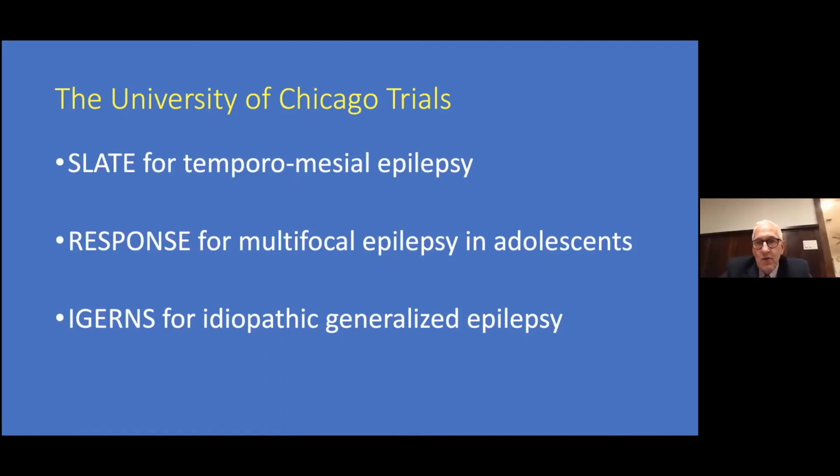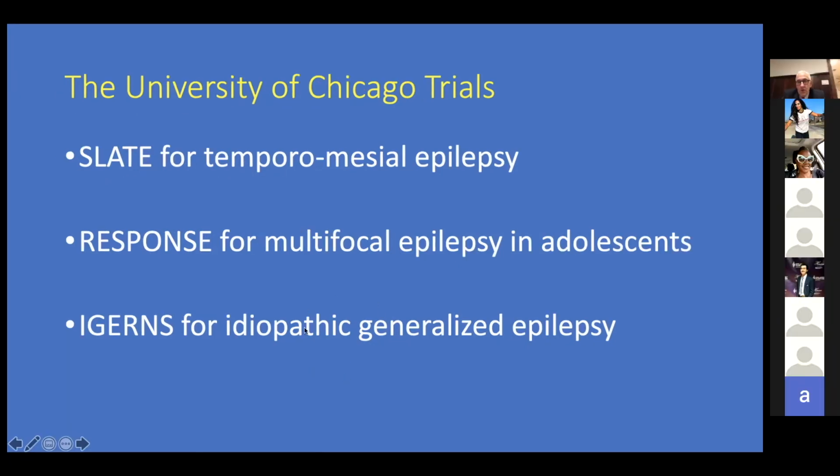You see we have different techniques. We still do a lot of open resections in large areas, but we have these innovative trials for which patients can be accrued. And the SLATE trial is up and running. The RESPONSE trial is for adolescents. And the IDURANCE trial is for idiopathic generalized epilepsy, children and adults, for which in the past no surgical treatment was offered.